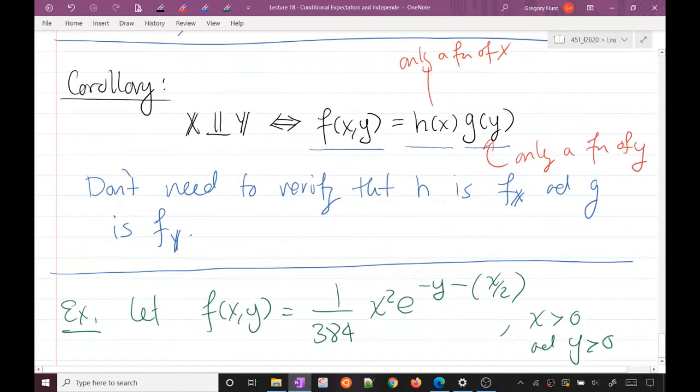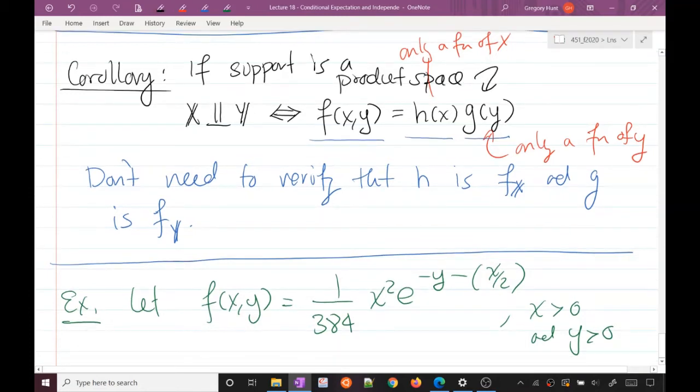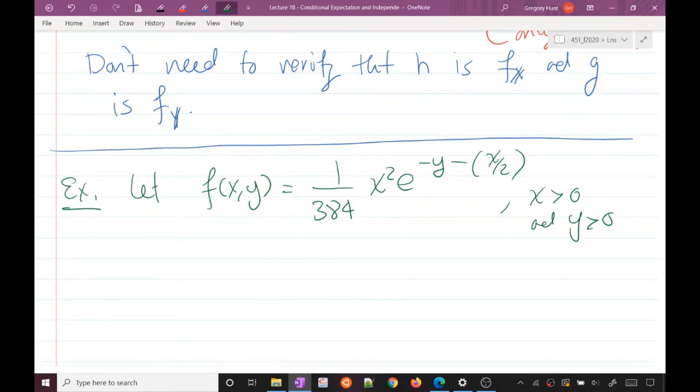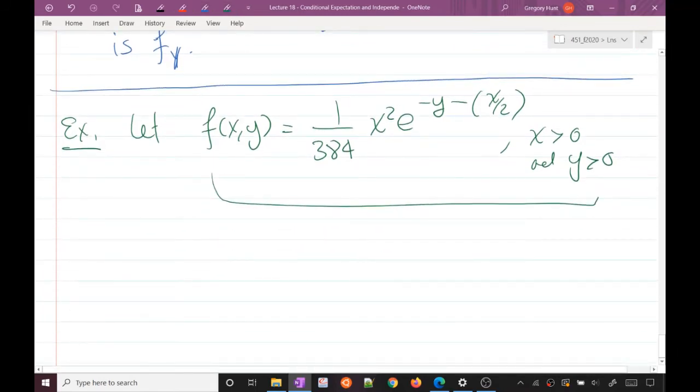I guess what I should say for my previous theorem, if the support is a product space, so that is implied, right? The support still has to be a product space, but if it's a product space, I can just factor into the h of x times g of y. I'm good. Okay, so here's the example. Here's my PDF in this case, and it is definitely a product space. So it could be an infinite rectangle, right?